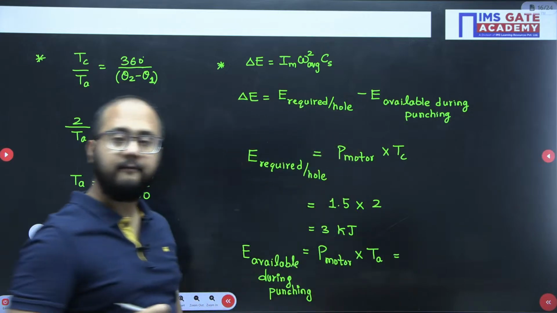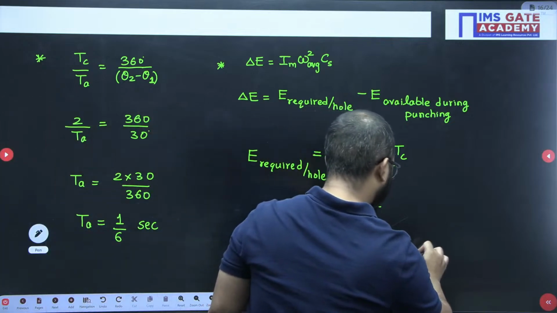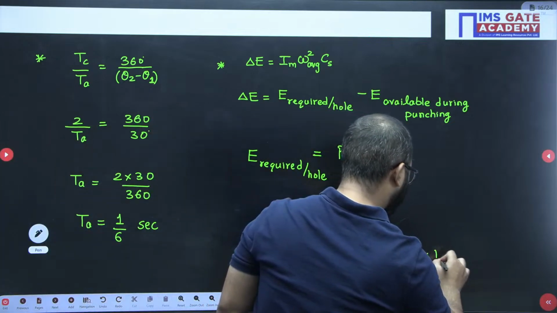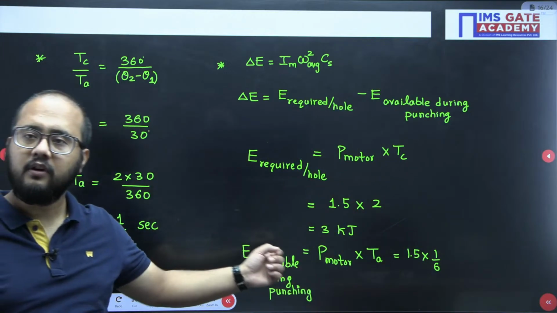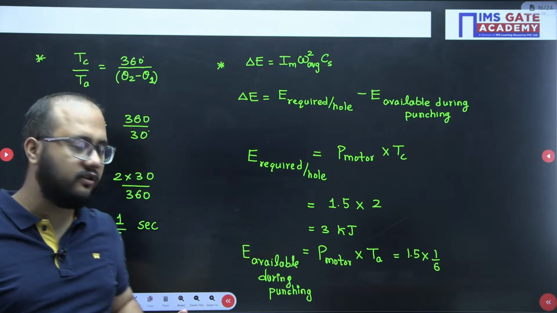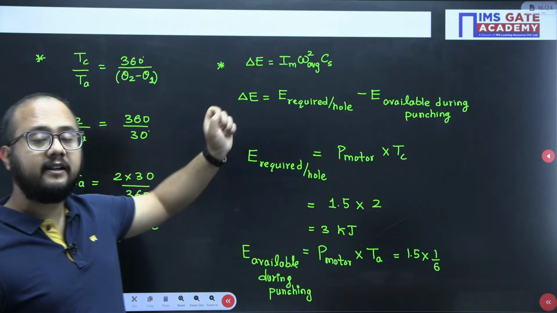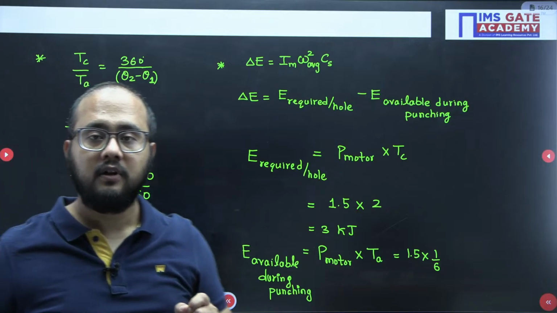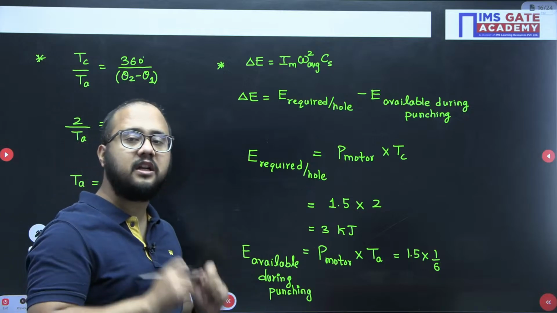Power of motor again 1.5 kilowatt multiplied by 1 by 6, which was the actual punching time. From here I will get the answer for energy available during punching also. Now using these values I will put them here and I will get the delta E value also. So please everyone calculate the delta E value and mention it in the live chat box.